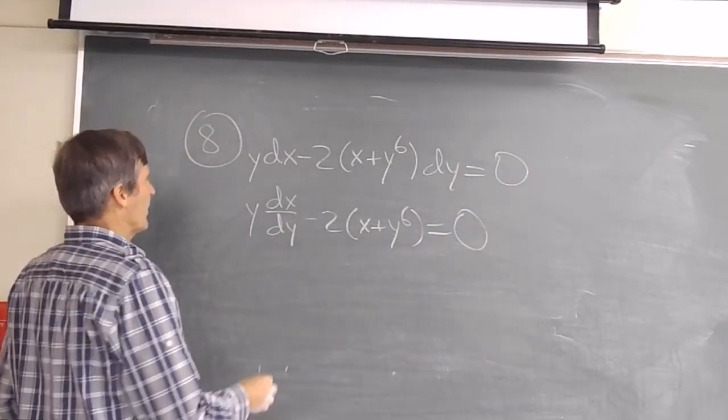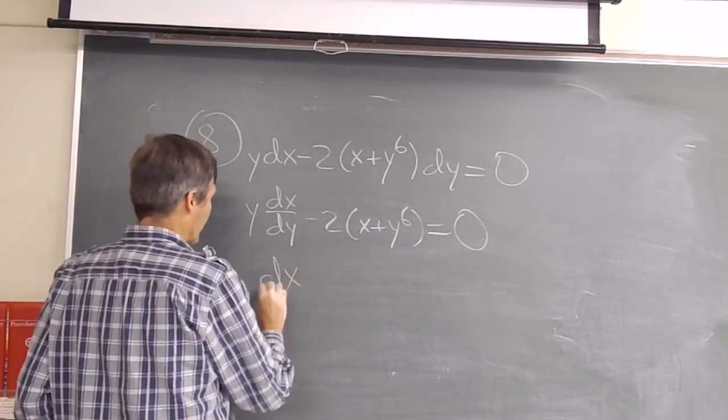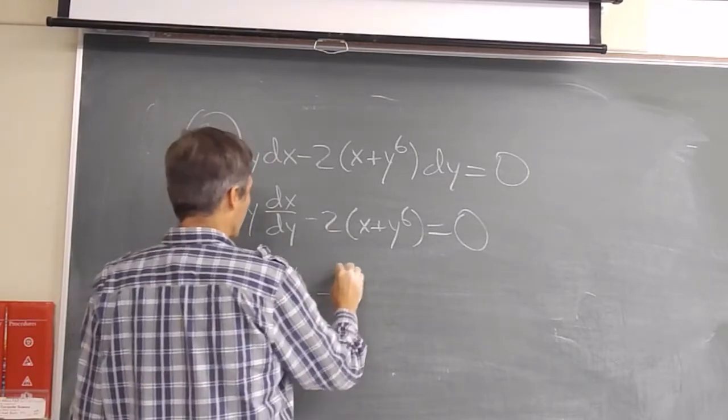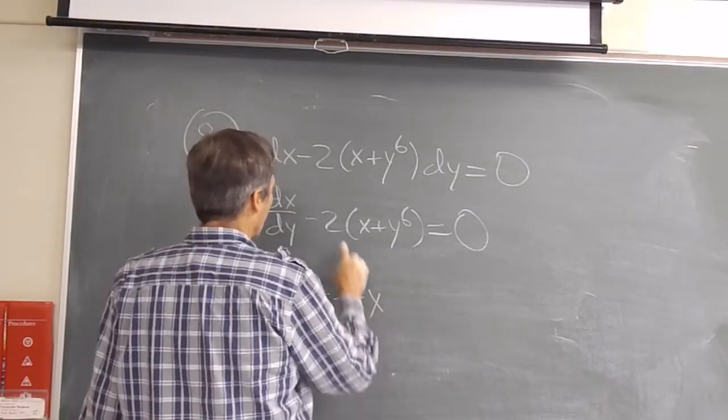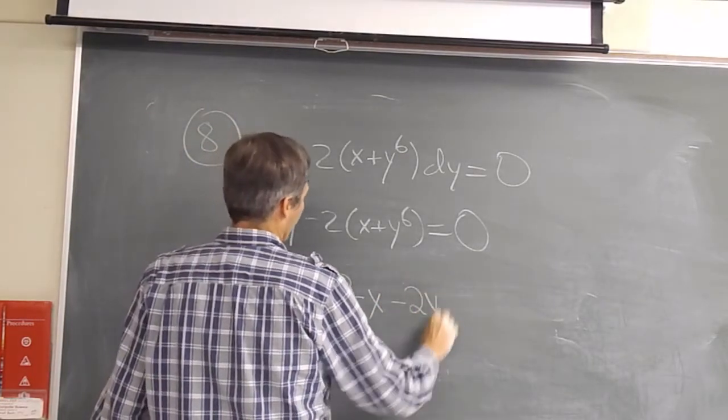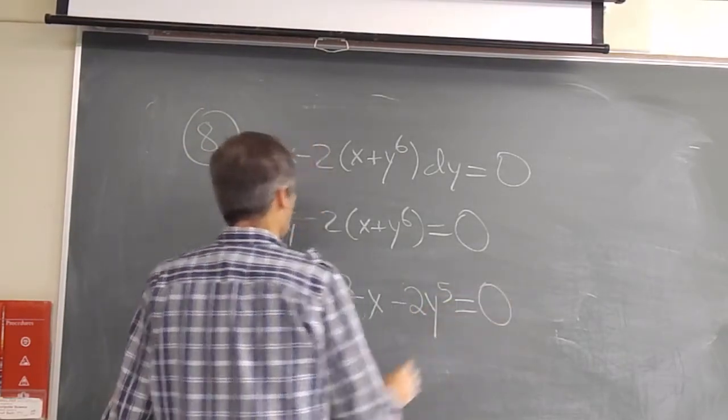Now if I divide through by y to put it in standard form, I've got dx dy minus 2 over y x minus 2y to the 5th equals 0.